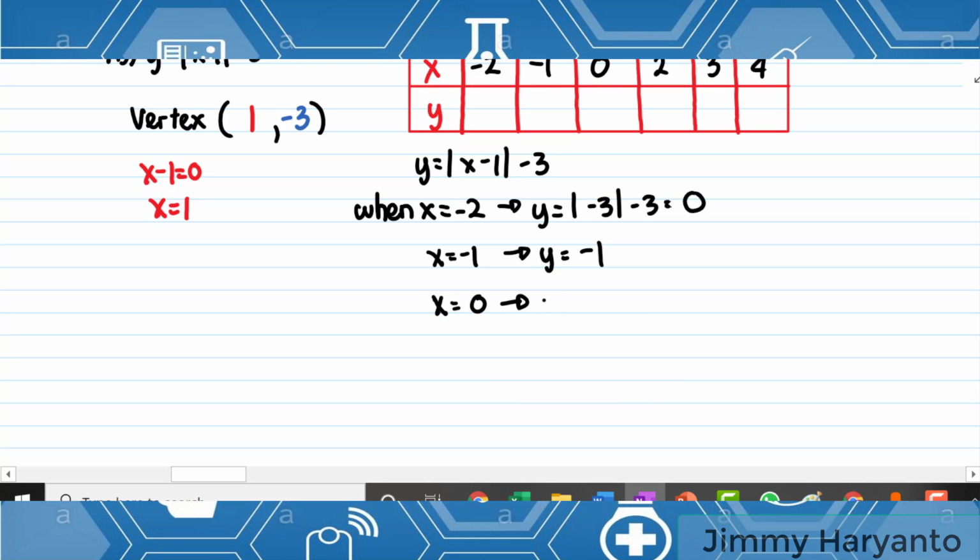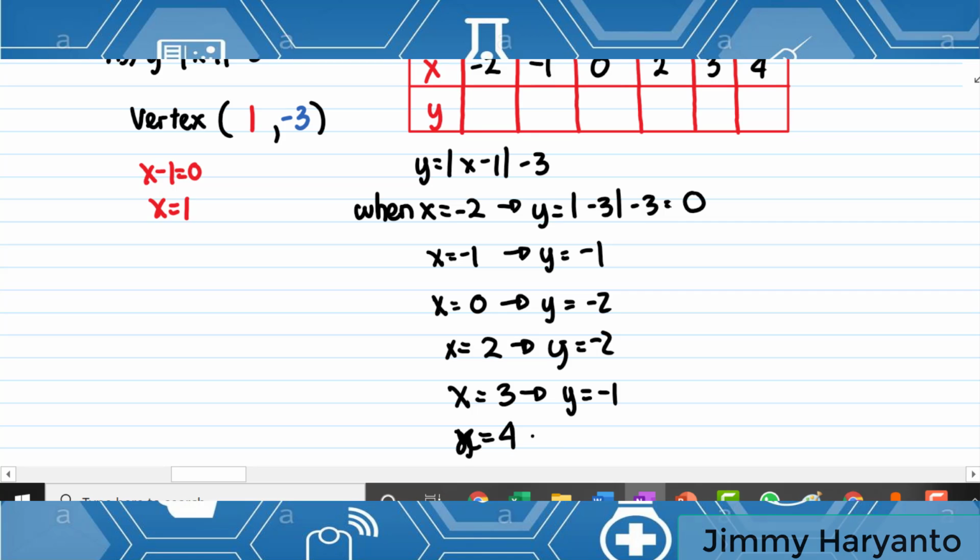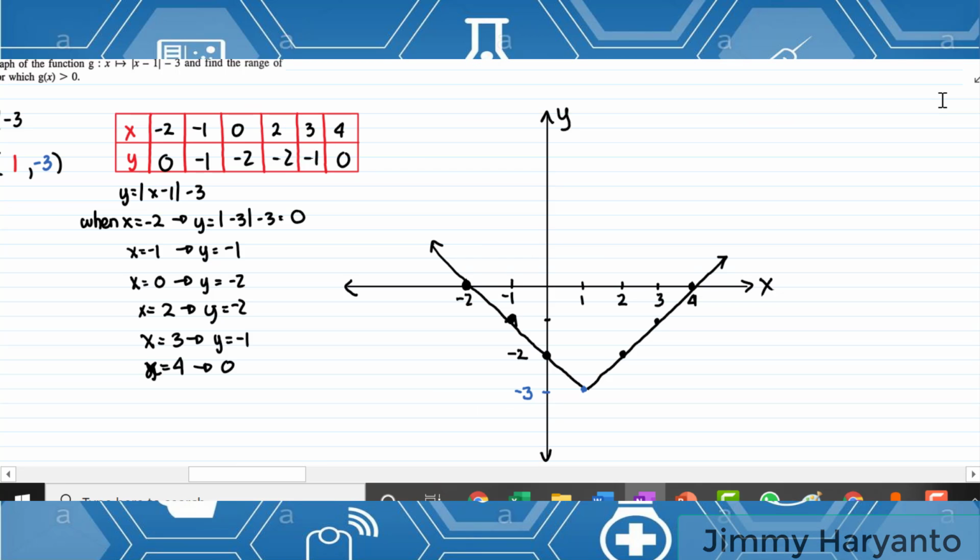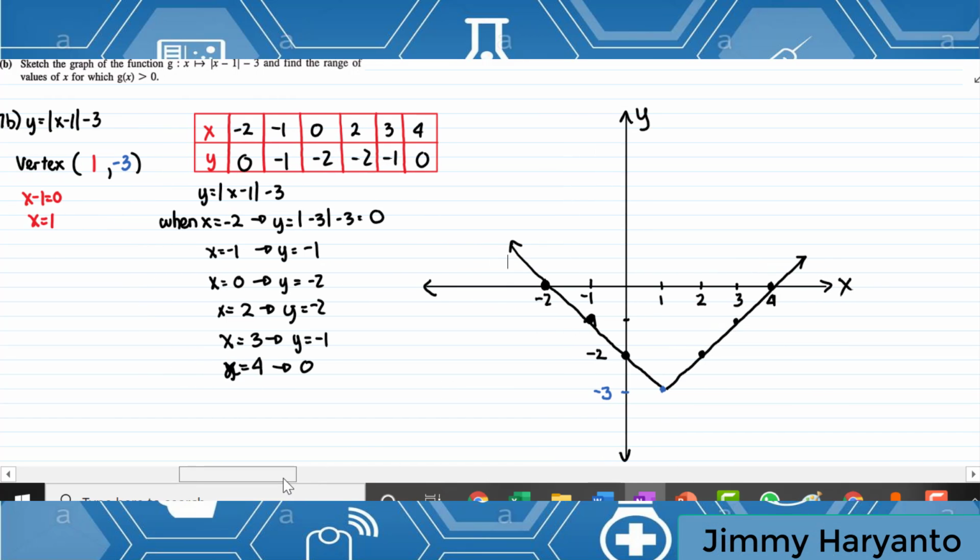When x equals 0, it will be -2. When x equals 2, it will be -2 also. When x equals 3, it's -1, and when x equals 4, it's 0. So the y values are 0, -1, -2, -2, -1, and 0. Let's draw it. The graph will be like this, and then we have to answer the questions.